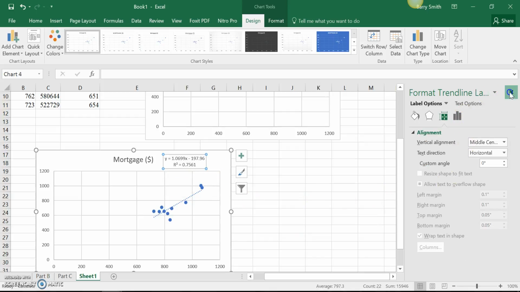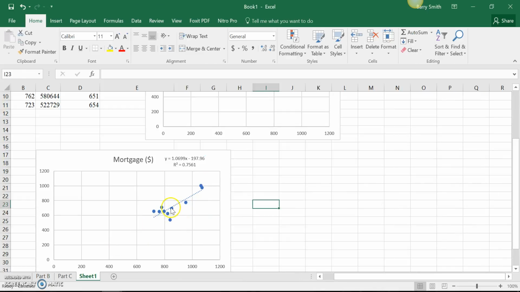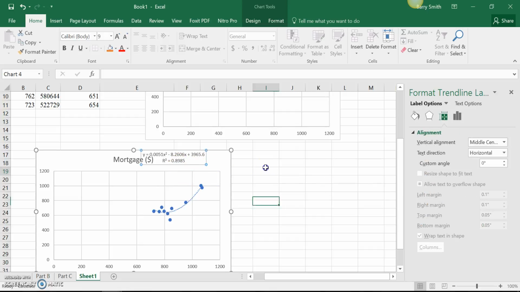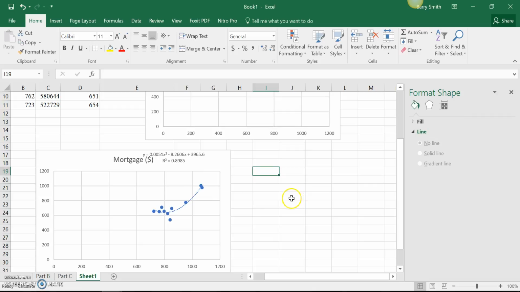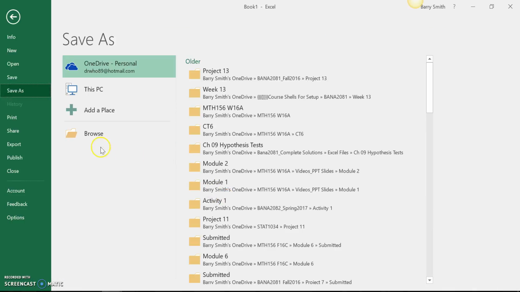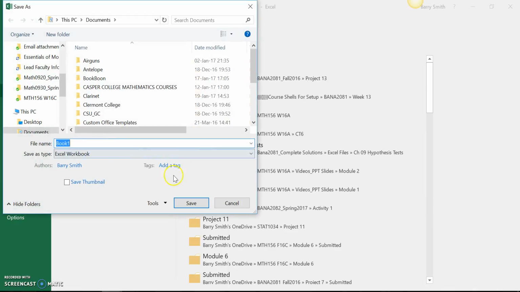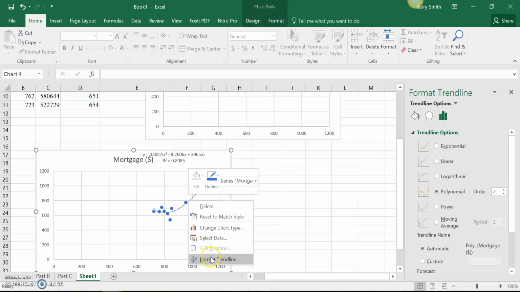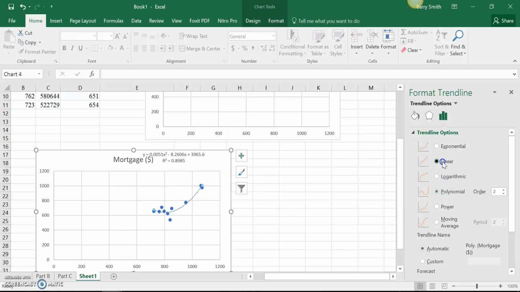And then, so let's get out of that. Now let's format trend line and see if it'll let us do the polynomial, which it does, but then it gets rid of our other ones. So let's say we save that. Doesn't matter where. Now let's see if we can go back and format that trend line and put a linear also.